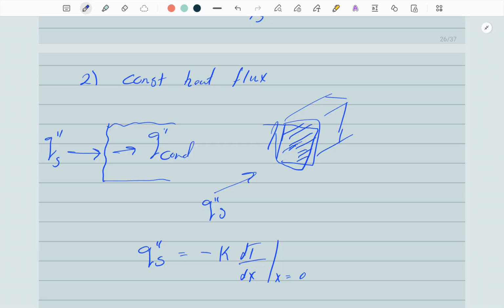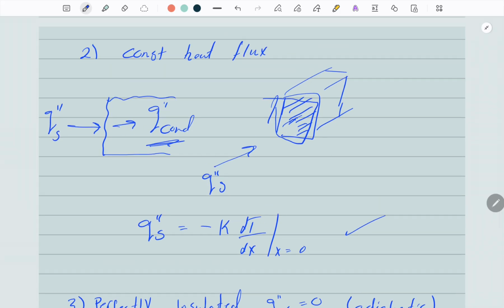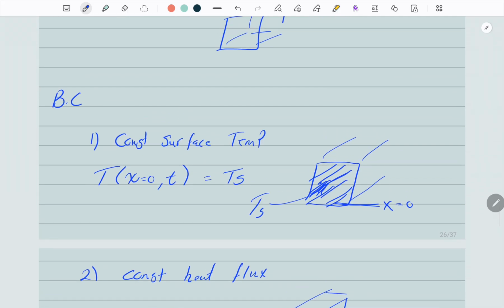Therefore, the heat flowing into that solid will equal the heat flux entering at x equals 0, where the heat flowing in is conduction. So the heat flux, as we said here, will equal the conduction heat flux. And constant temperature at x equals 0 will assume that the temperature everywhere on the surface is the same.